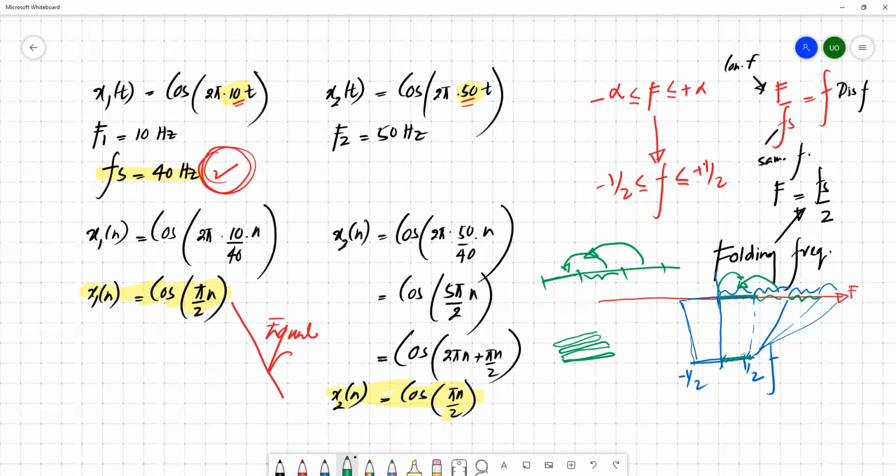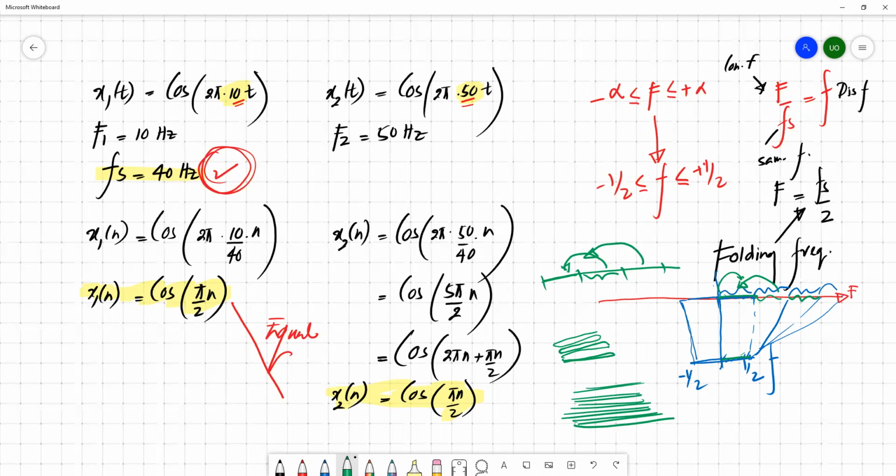So we will basically identify this folding frequency Fs divided by 2, and fold the entire continuous frequency domain on top of each other. It's like you are packing this entire capital F domain on top of the simple F domain.